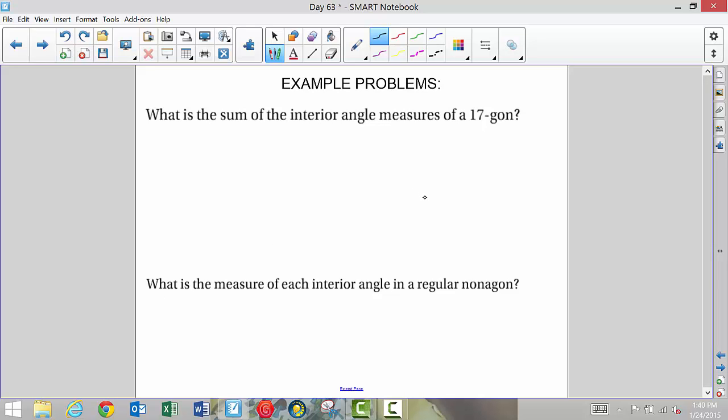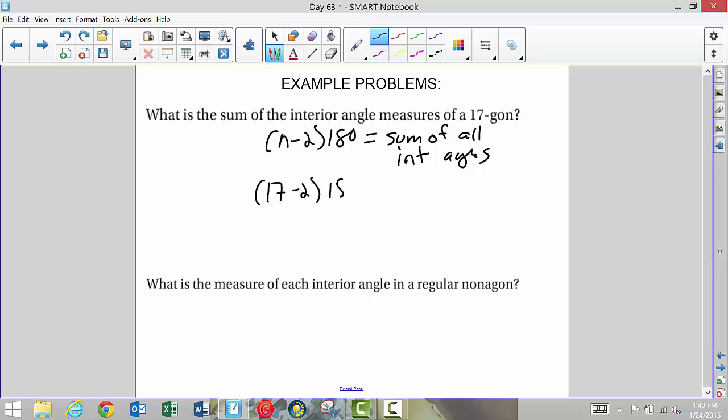So I want to know what's the sum of the interior angle measures of a 17-gon. So I know that if I take my formula, this equals the sum of all inside interior angles. So it's n, always number of sides, 17 minus 2 times 180.